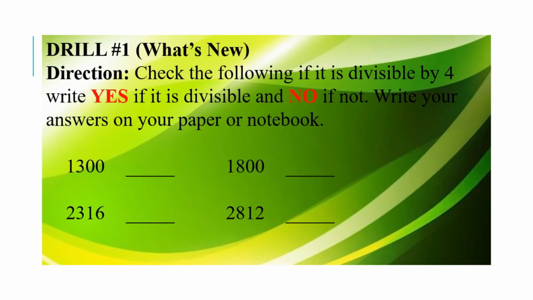Since we are done discussing the divisibility rule of 4, 8, 12, and 11, let us check the drill number 1. Number 1, 1,300 is divisible by 4. Yes, very good. Number 2, 2,316. Is it divisible by 4?